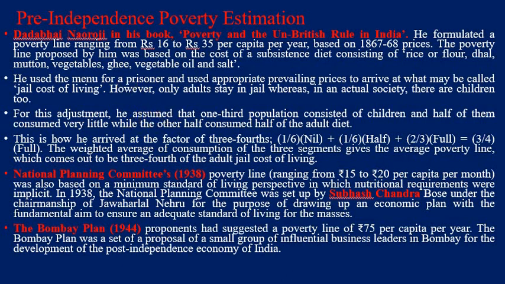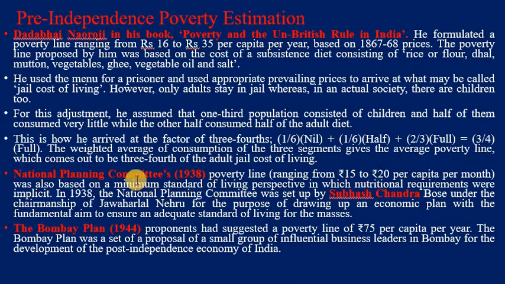For this adjustment, he assumed that 1/3 of the population consists of children, half of them consumed very little, while the other half consumed half of the adult diet. So he gave a simple formula: 1/6 nil, 1/6 half, 2/3 full equals 3/4.